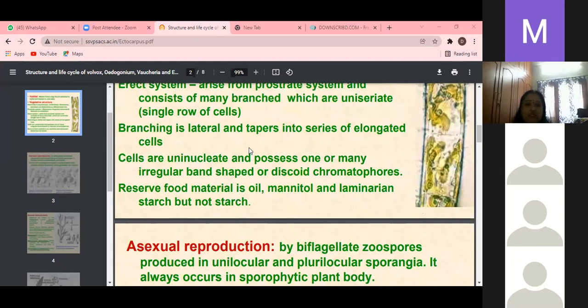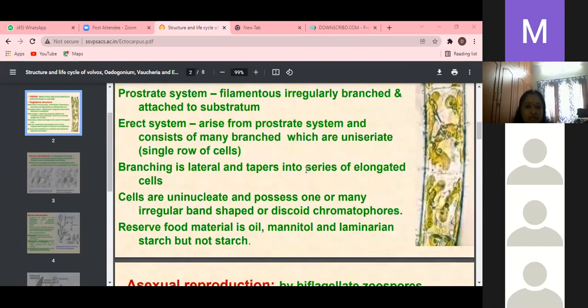These branches are lateral, with tapering ends or elongated cells. The branches of the erect system are made up of a single row of cells placed end to end. The cells are uninucleate and many irregular band-shaped or discoid chromatophores are present.